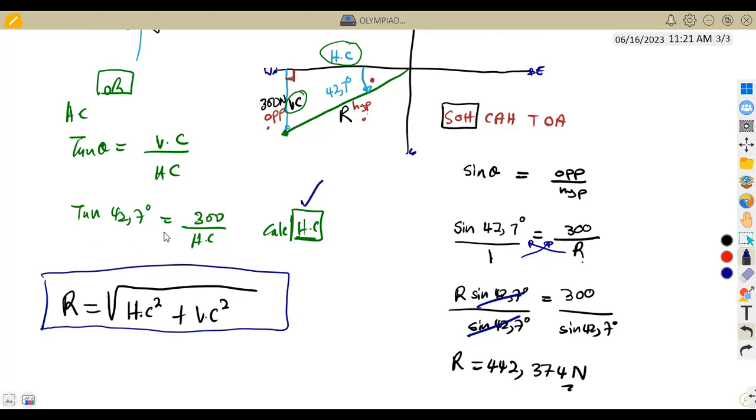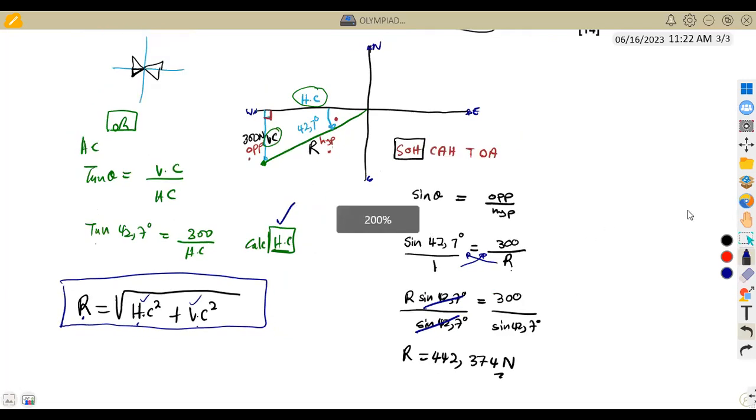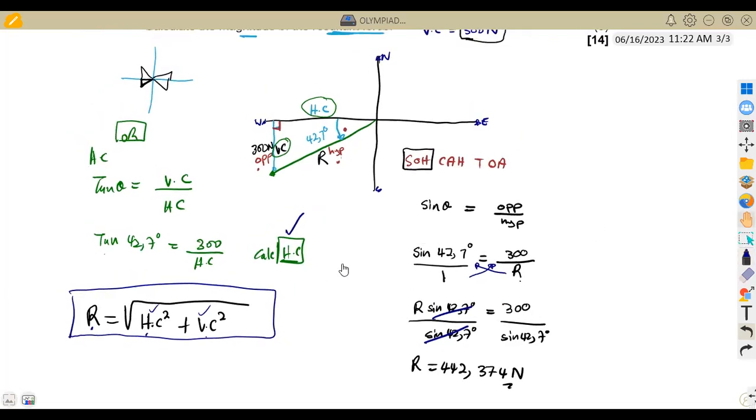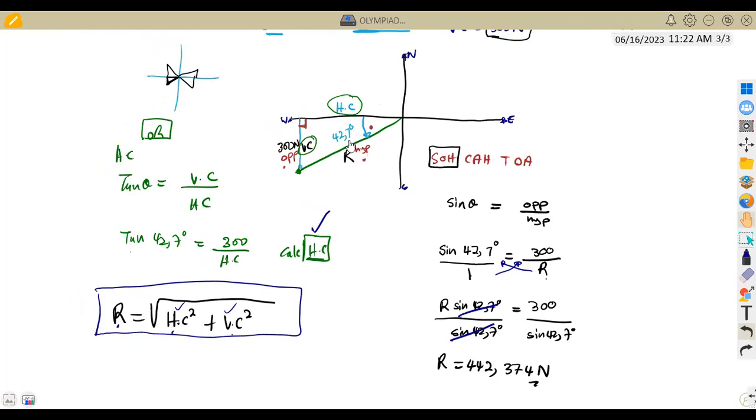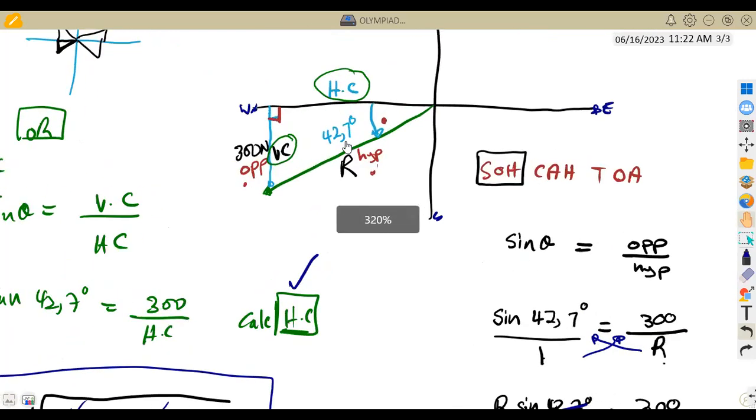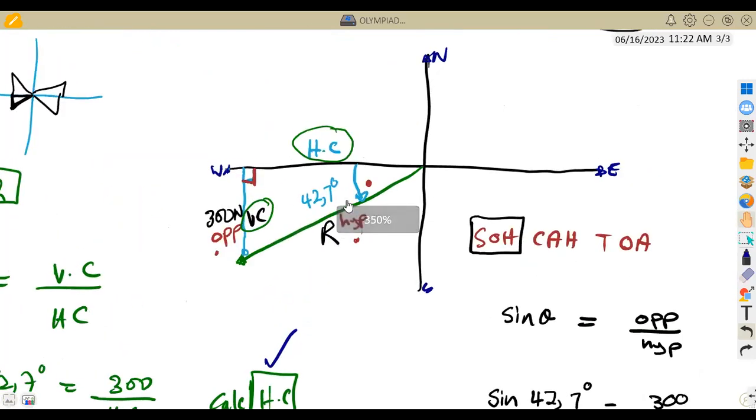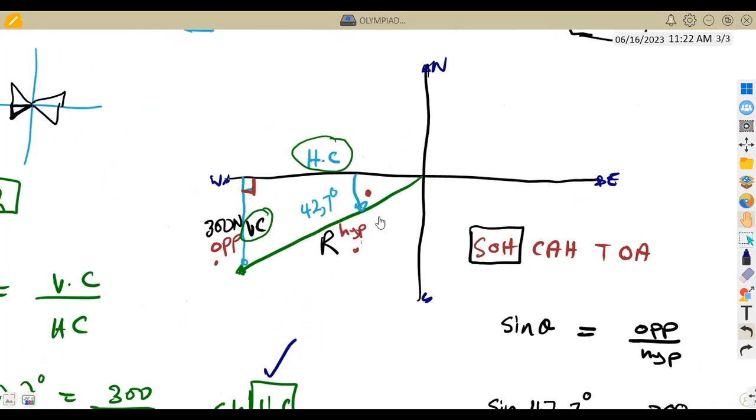You just make the horizontal component the subject, that will be HC. You calculate it, then you can use this formula. Since you now have the horizontal component and vertical component, you can calculate the resultant. All right, so there are actually so many ways that we can apply as long as we are following the exact concept of a right angle triangle. We are working with a right angle triangle, so we have to apply all we know about a right angle triangle. That is the major important part.